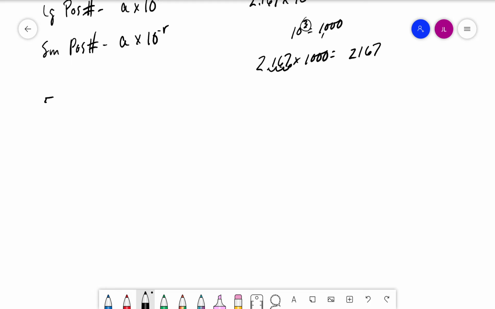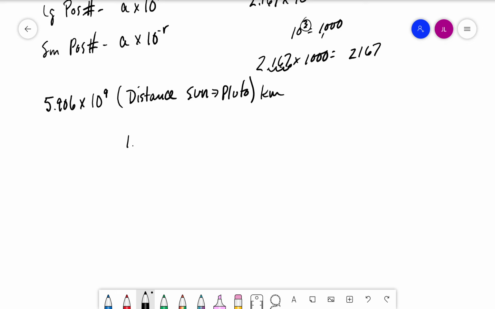We can see a number like 5.906 times 10 to the 9th power, and this actually is the distance from the sun to Pluto, believe it or not, in kilometers. 10 to the 9th is the same as a 1 with 9 zeros, so we're really looking at a billion.